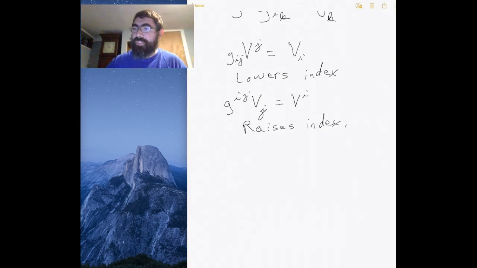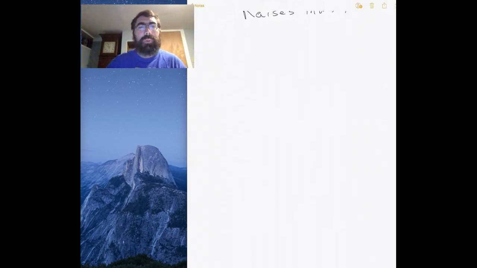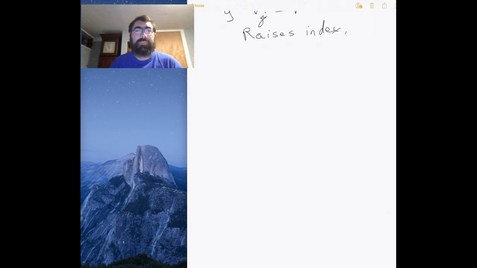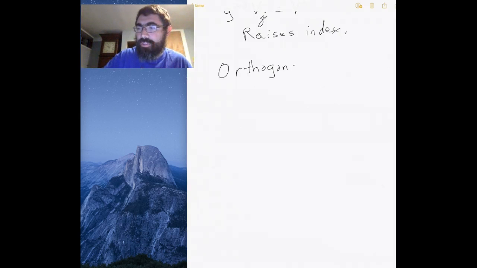Okay, so let's take a look at some more with the metric tensor. Let's say I start with orthogonal coordinates.